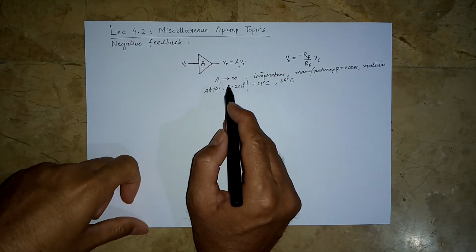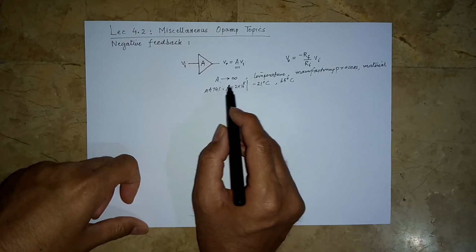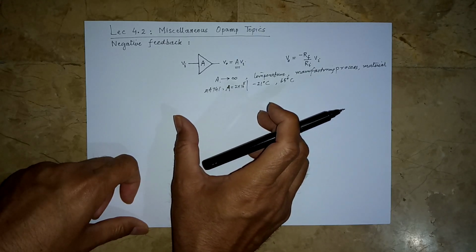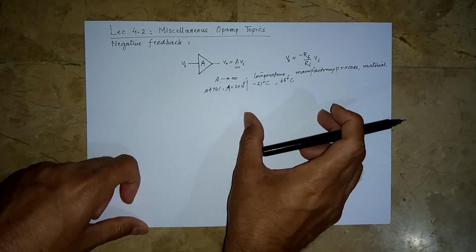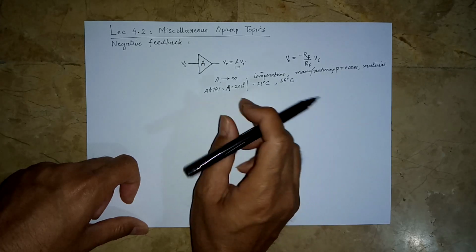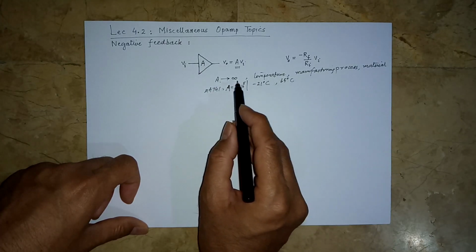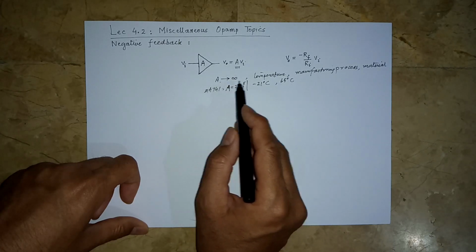We don't like random things in our circuits. We want to be able to deterministically find the output of our circuits. So this A is very much dependent on a lot of factors, and it can vary a lot.